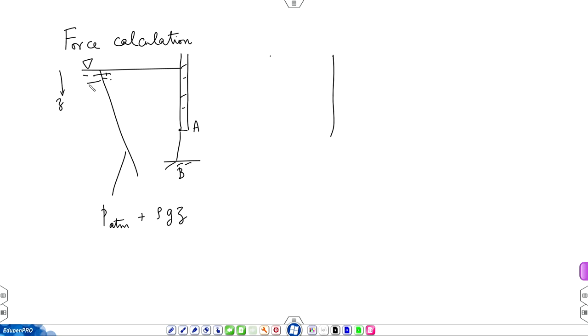Those two will cancel off. This is point A, this is point B, and let us say this is H1 and this is H2. So, z equal to H1 and z equal to H2, as measured from the top.